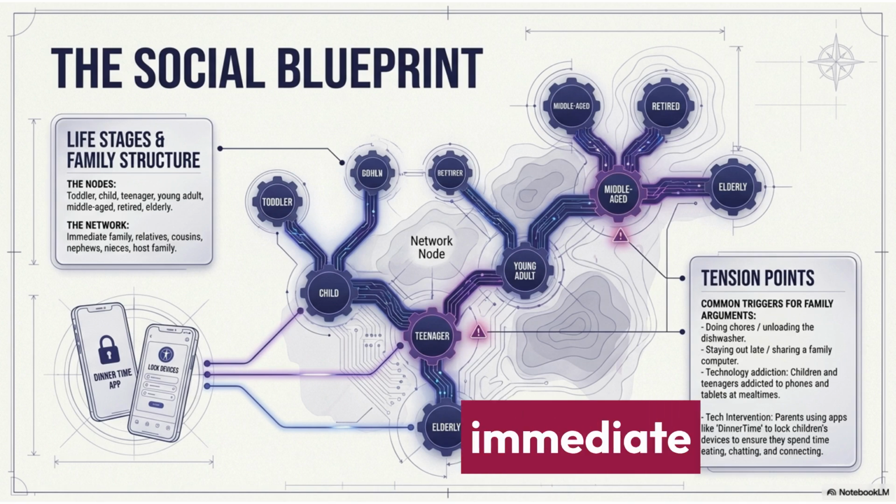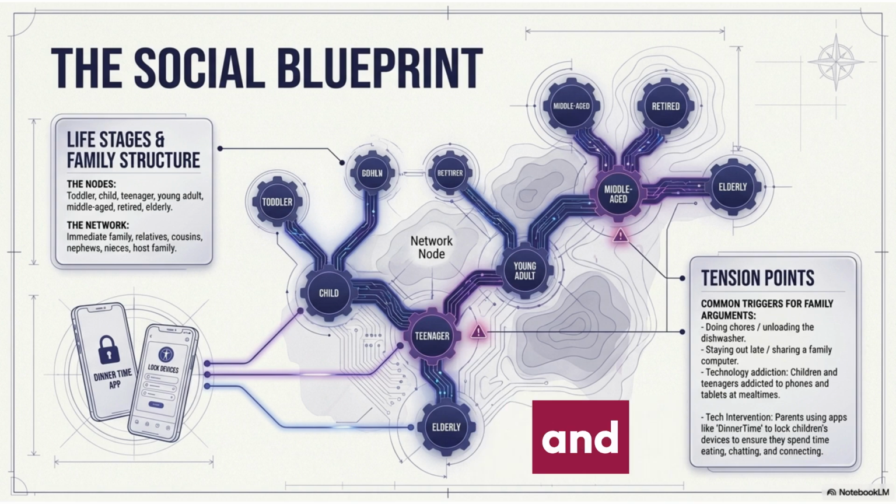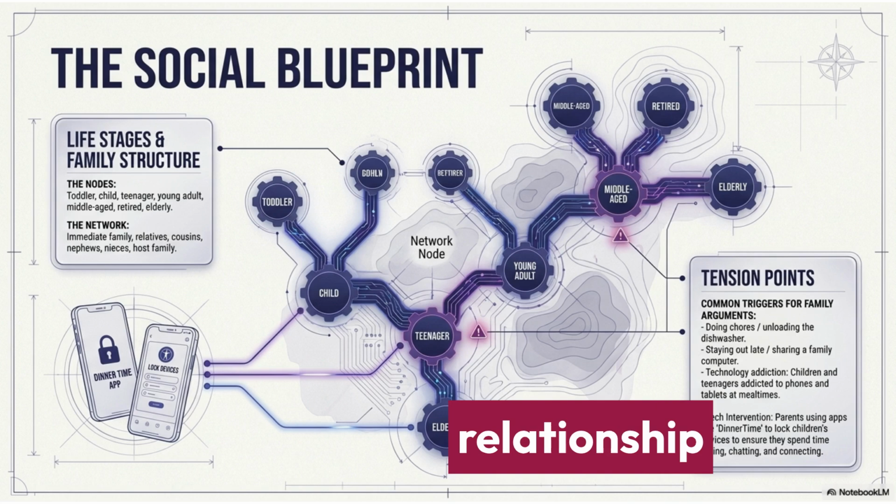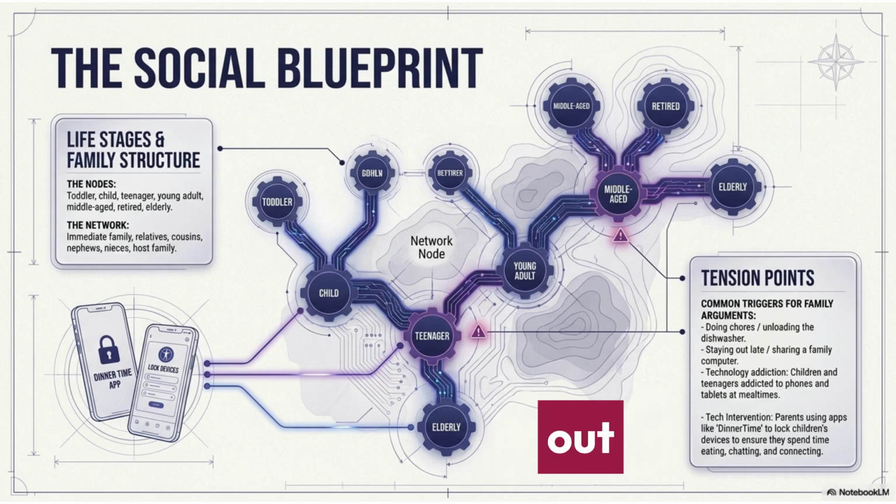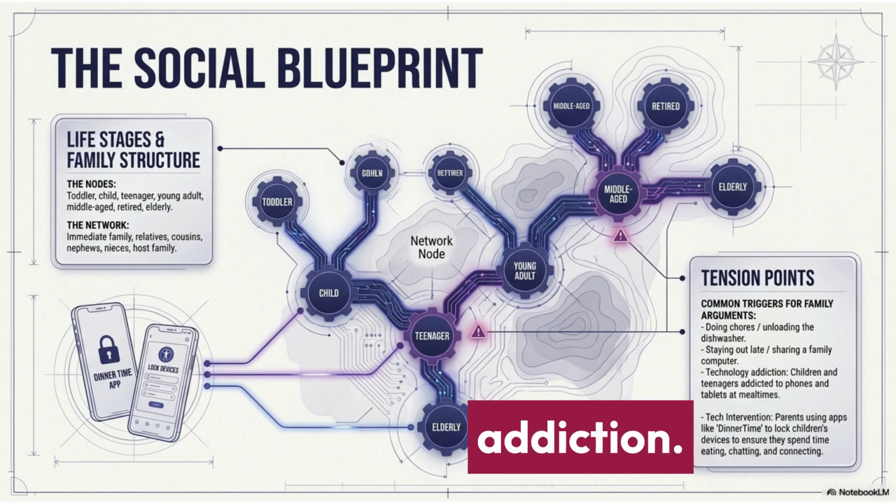People interact with their immediate family, relatives, cousins, nephews, nieces, and sometimes even a host family. Finally, every relationship has tension points. Common causes include doing chores, sharing devices, staying out late, or technology addiction. So remember this simple framework: life stage, family network, daily challenges.